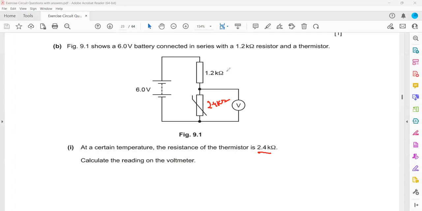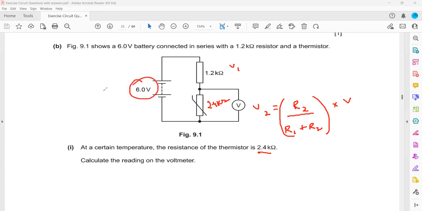Now, if I say the voltage here is V1 and the voltage here is V2, and I need V2, V2 equals the resistance of that part divided by the sum of the resistances of the two components which are in series, multiplied by the total voltage of the circuit, which is V. So we just substitute the values.